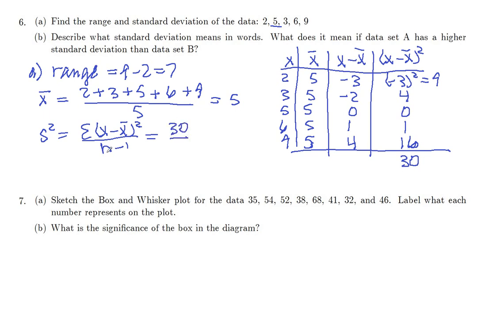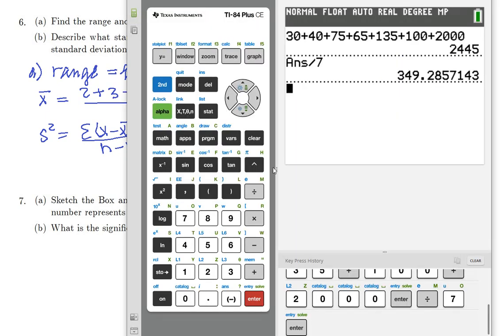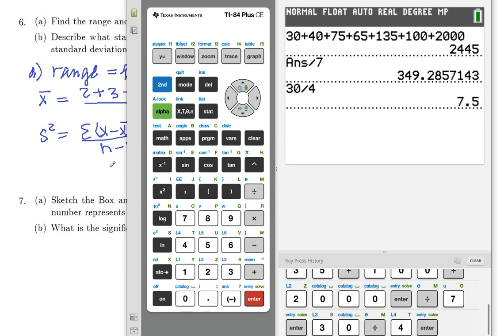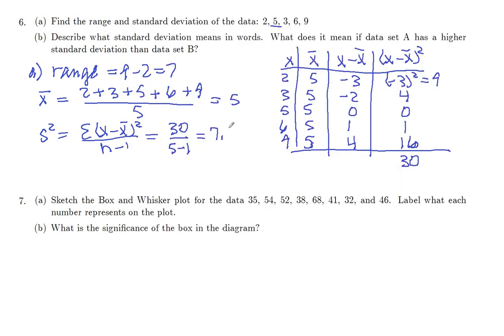And then n, we've got 1, 2, 3, 4, 5 numbers. So that'll be 5 minus 1. So 30 divided by 4. 7.5. That's your variance, and then your standard deviation s is going to be the square root of the 7.5.